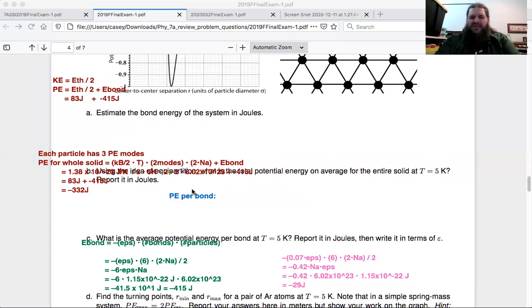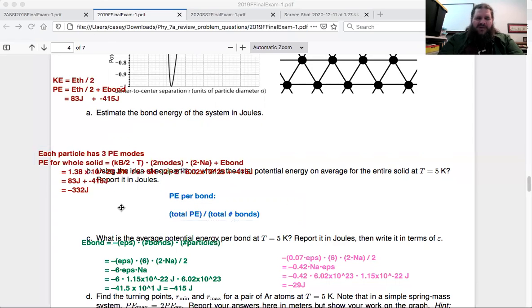What operation does per usually signify in cases like this? You divide. Yeah, we want to divide total potential energy by total number of bonds. That'll tell us the average potential energy per bond.